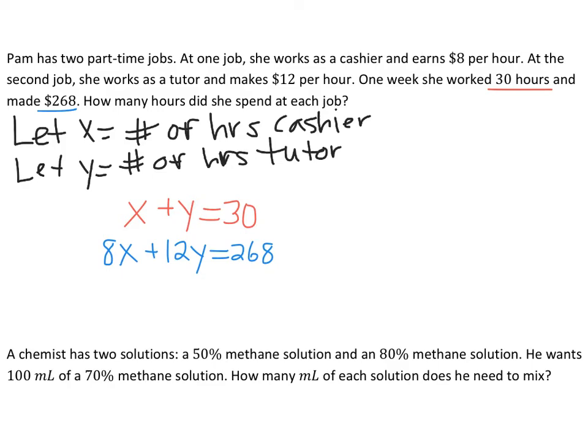Go ahead and solve that system on your own. When you solve this, I'll let you know what the answer is. You should get 23 hours cashing and 7 hours tutoring. So if you did not get that, see if you can go back and find your mistake.